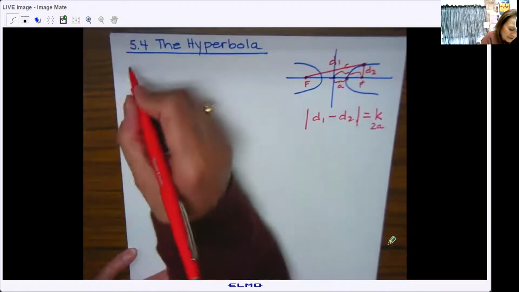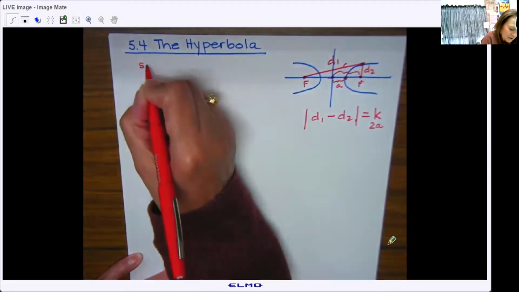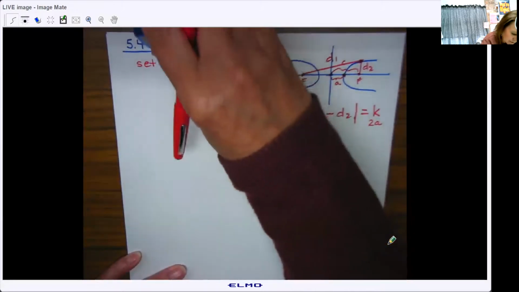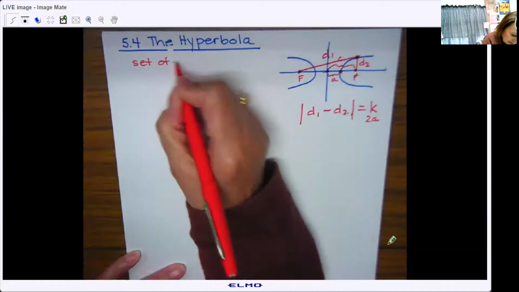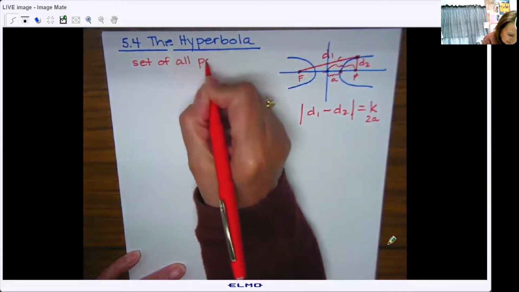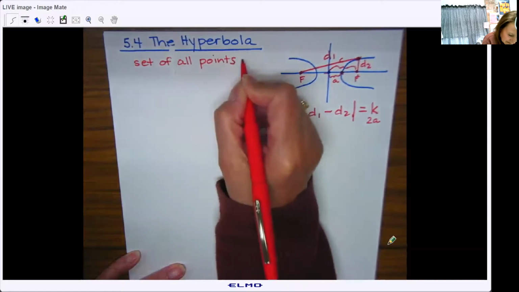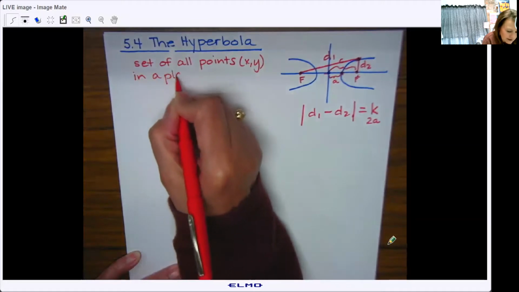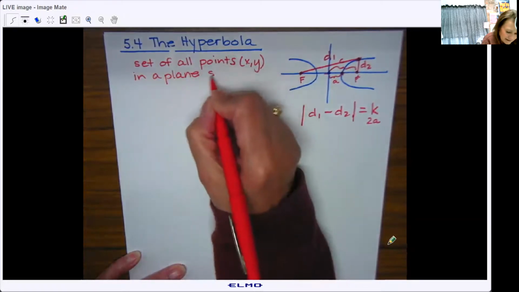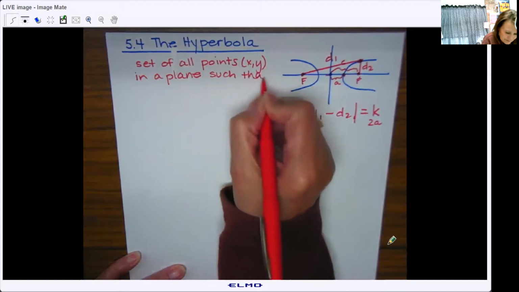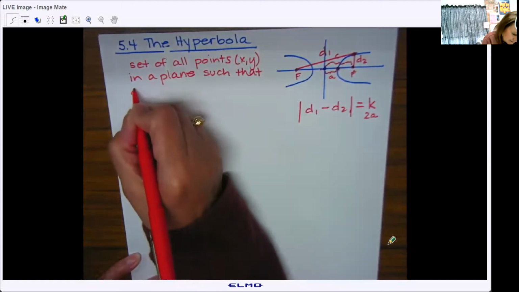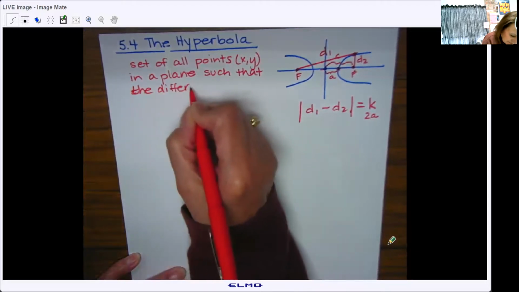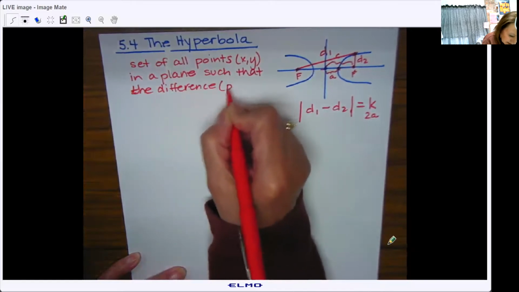But let's write that definition down. It's the set of all points XY in a plane such that the difference, I'm going to say the positive difference.